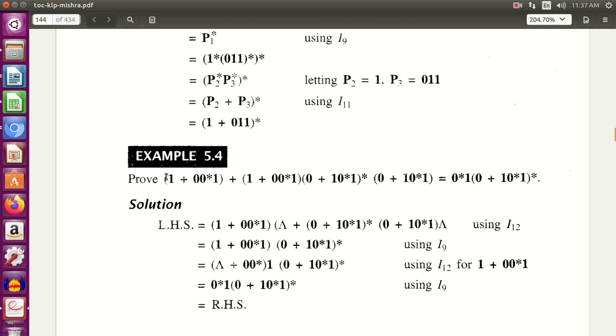Okay, so if we start with the right hand side of the regular expression, we will see that this portion is common over here as well as over here.